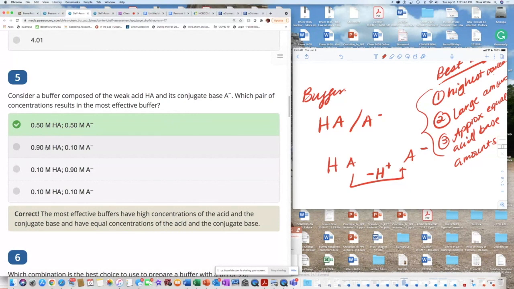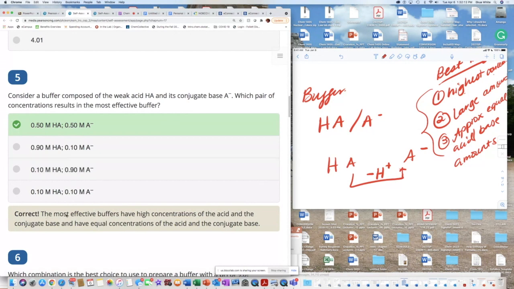It has 0.90 molar worth of concentration to attack that base. If it's an acid, it will offer a weak defense, and then the buffer won't be very effective, right? It'll be like, I tried, we're out of solution, it's over. Same thing here, right? Lopsided. So options B and C have lopsided defenses against that incoming threat.